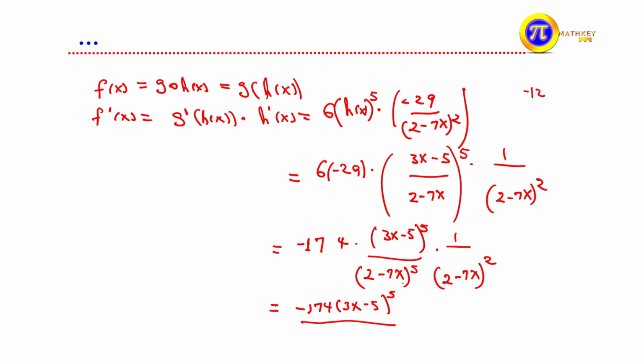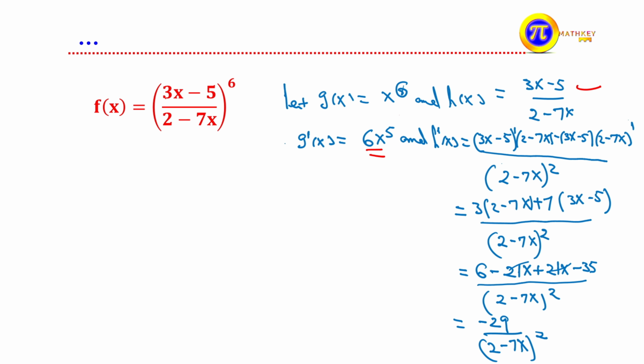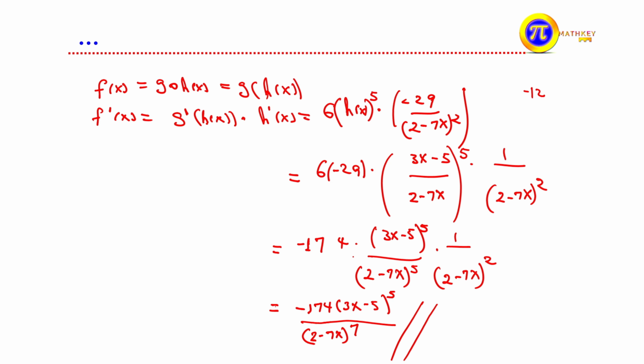Since they have the same base, we take the sum of the exponents: 5 plus 2 is 7. So the derivative of our function f of x is negative 174 times 3x minus 5 to the power of 5 over 2 minus 7x to the power of 7. The derivative looks like this.